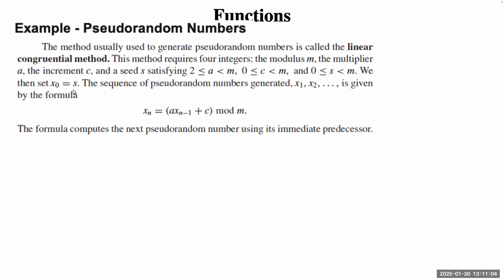That's why they call it the seed, because all the rest of the numbers grow from it. The sequence of pseudo-random numbers x1, x2 on up is given by this formula. Xn equals a times Xn minus 1 plus c, mod m.